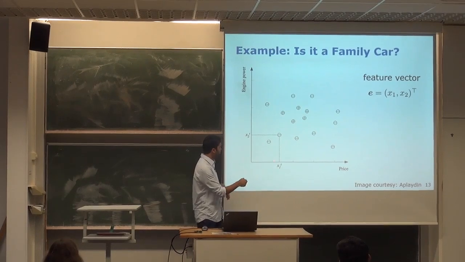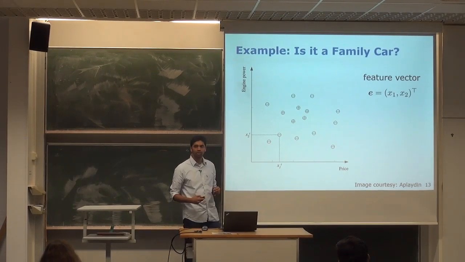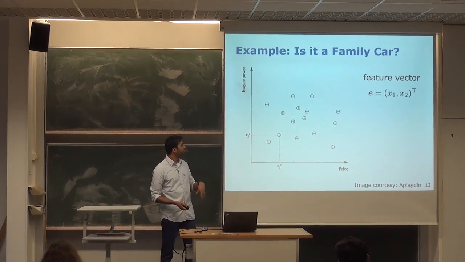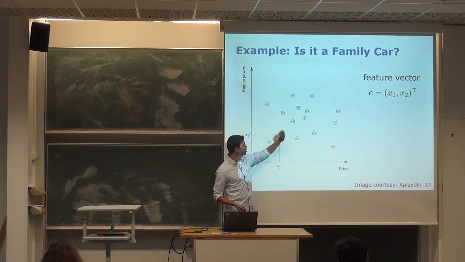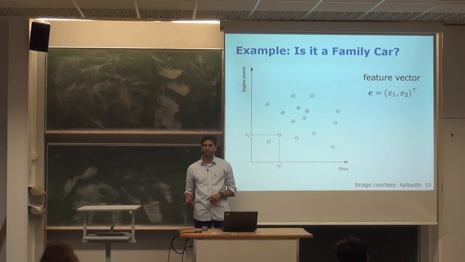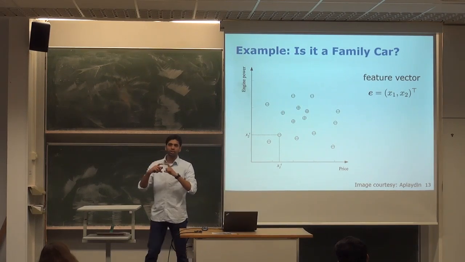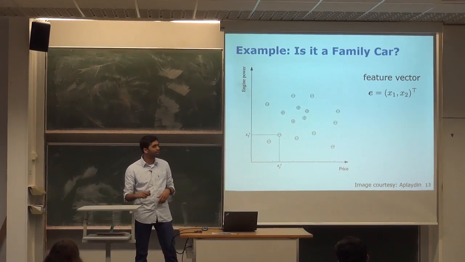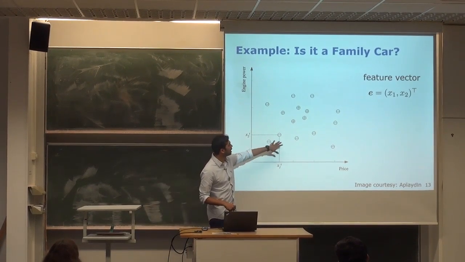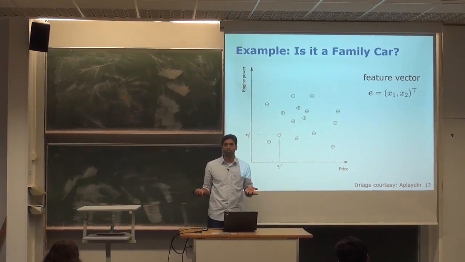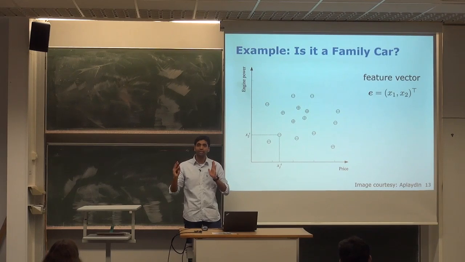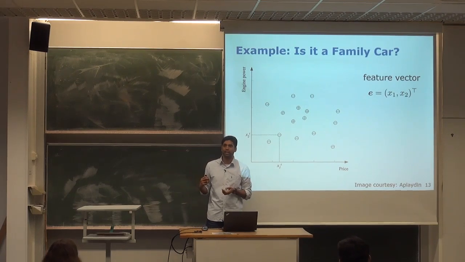This one has this much price and this much engine power, and so on. Then you see either a positive sign or a negative sign inside the circle. The positive sign means that this is a family car, and the negative sign means that this is not a family car. So essentially, this is the learning or the training data that you have.